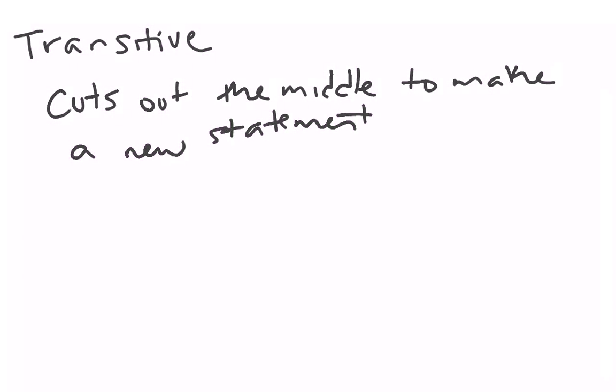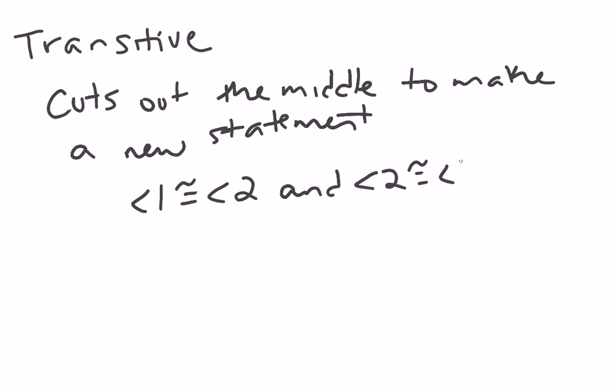For instance, if angle 1 is congruent to angle 2, and angle 2 is congruent to angle 3, then what do you think? Basically, we cut out this middle part, and angle 1 is congruent to angle 3. That's called the transitive property.